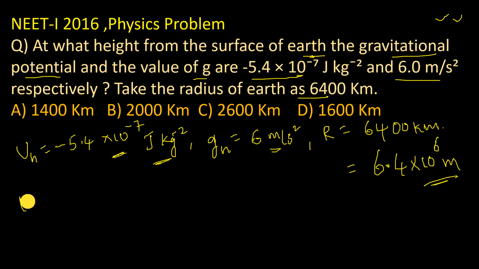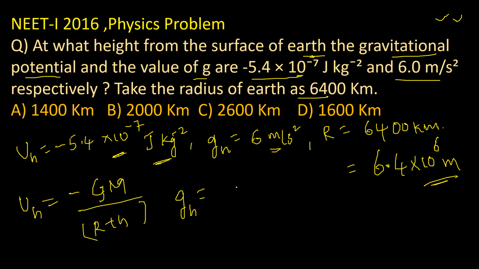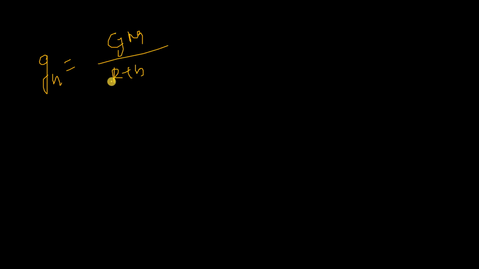Now the formula: gravitational potential at a certain height equals minus G capital M by R plus H. We know g at a certain height is capital G capital M by R plus H whole square.